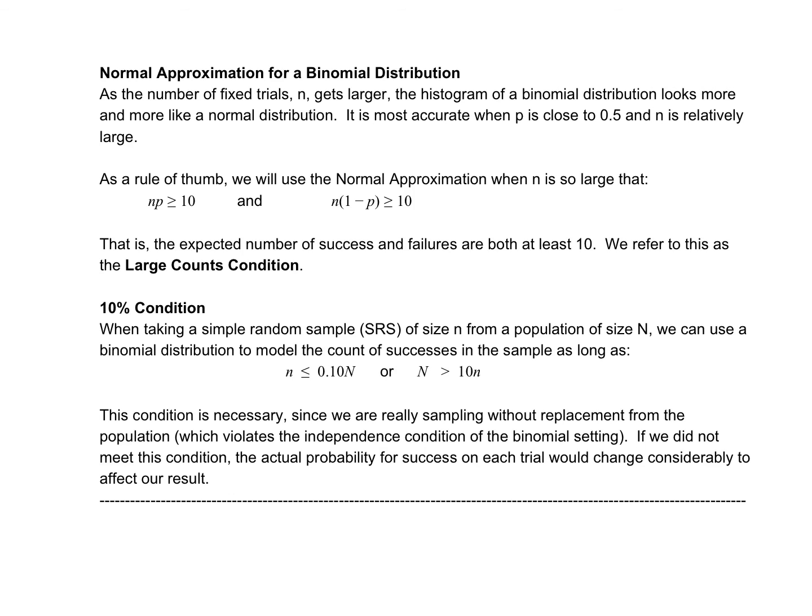All right, so normal approximation for a binomial distribution. If we're looking at normal approximations for a binomial distribution, when can we normally approximate? As the number of fixed trials n gets larger. This is the big clue here. We have to have enough trials.